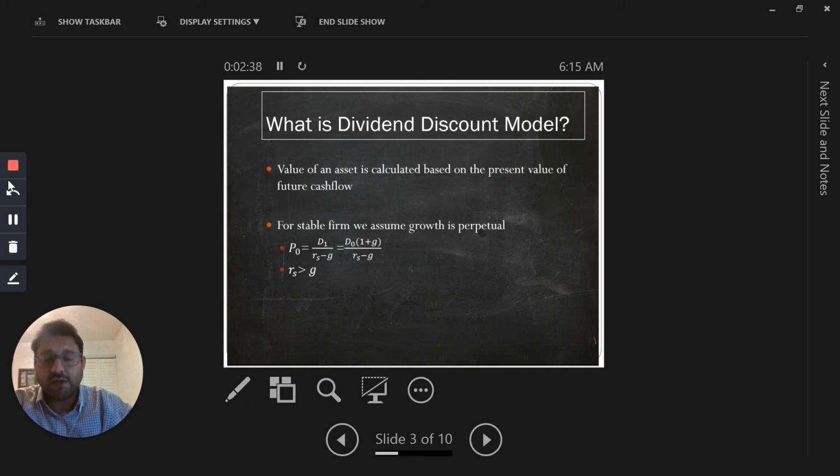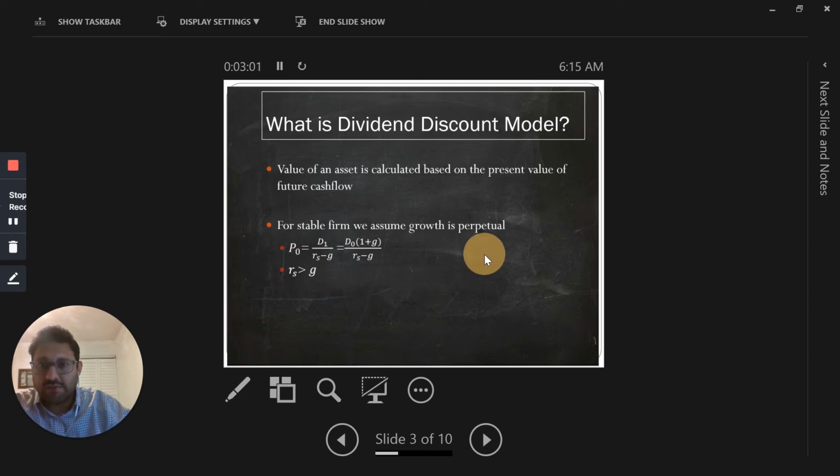But the good thing is that if we make a simple assumption that there will be a perpetual growth of the dividends into the future, everything is summed up into a simple formula, and this formula is written over here. You can see the formula written over here, right?